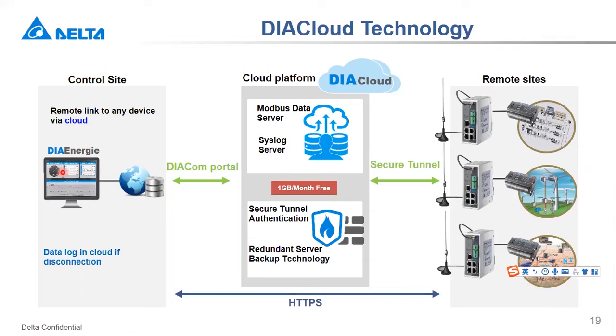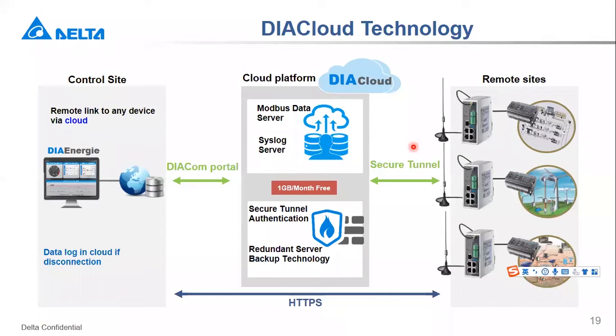And there's another benefit for the customer. What if the system shuts down or there's a disconnection to the cloud? Then the customer might worry that data may be lost or have errors. So for the cloud, we also have a data log function.